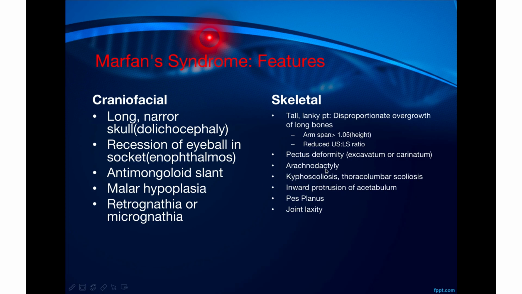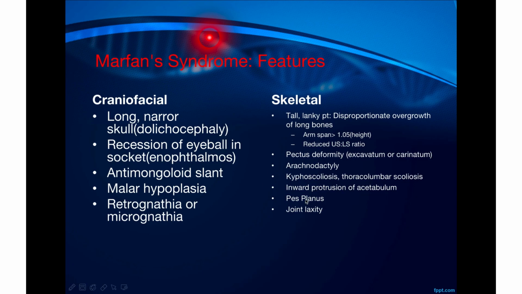Next, the patient is going to have arachnodactyly, usually very, very long fingers, due in part to joint laxity adding to this. The patient is also going to have kyphoscoliosis, thoracolumbar scoliosis, and also inward protrusion of the acetabulum.